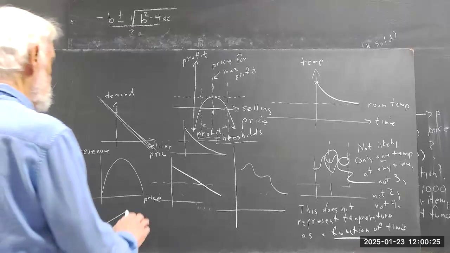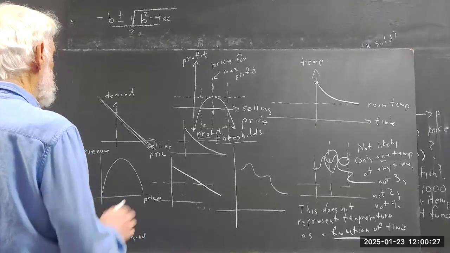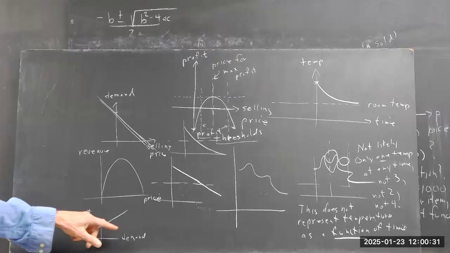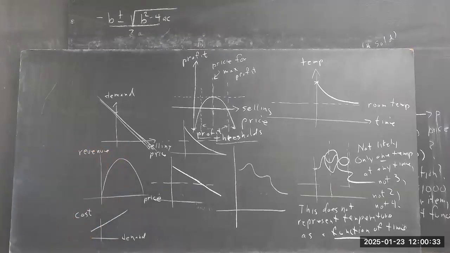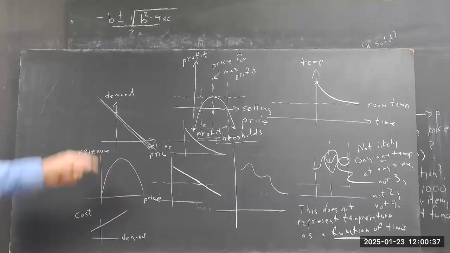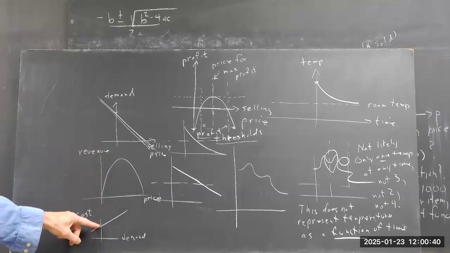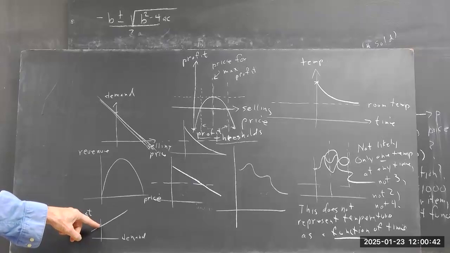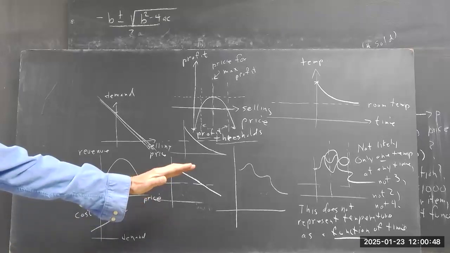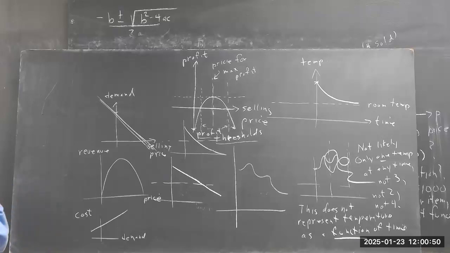And when I say revenue price, yeah, okay, we'll go with that. But then you add this function to this function, or you subtract this function from this function, you subtract your cost. And what's the interpretation of cost? It takes you this much to set up, get your business running, and then the more widgets you make, the more it's going to cost. Okay, it's not difficult to understand.